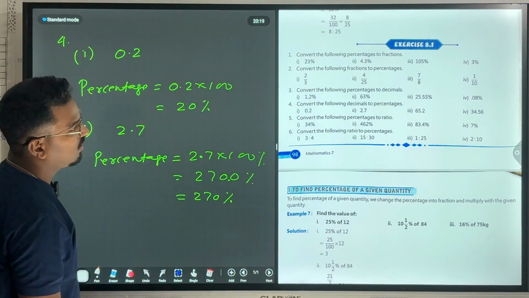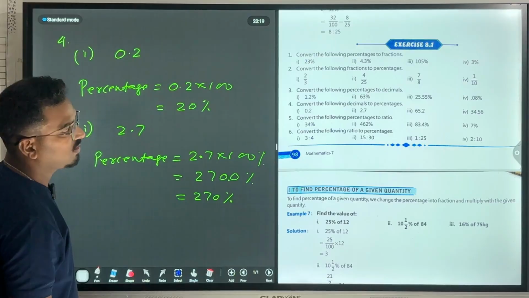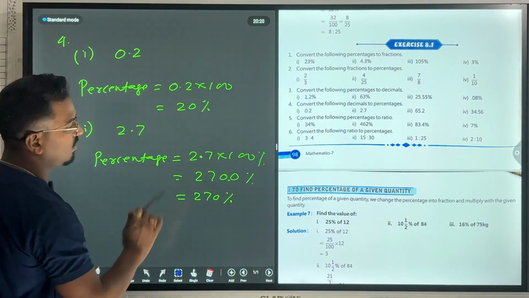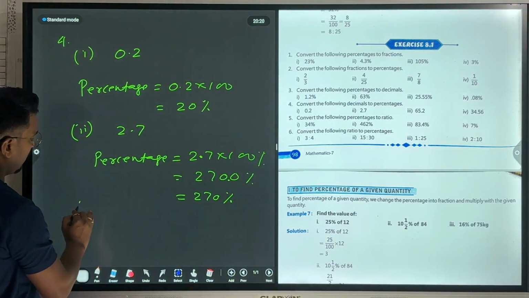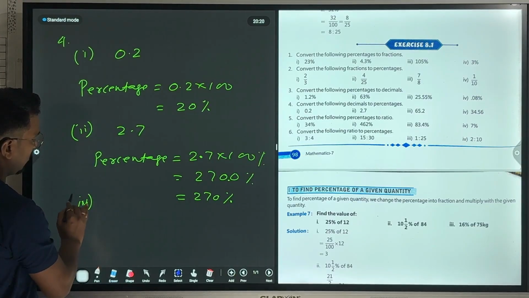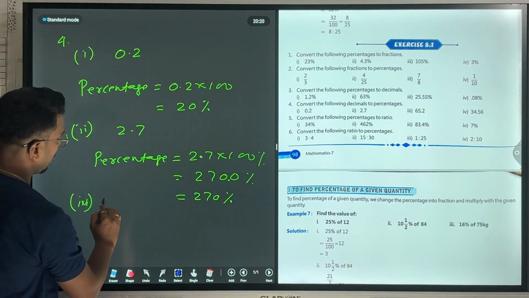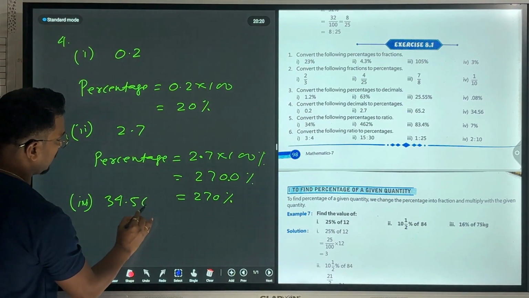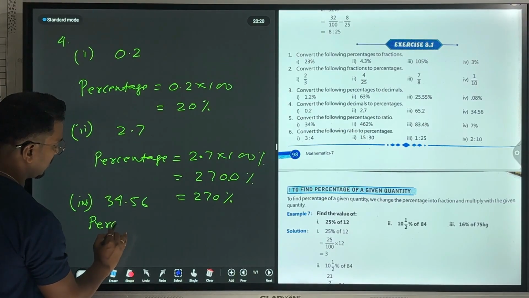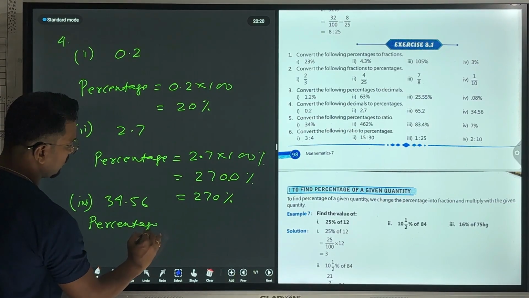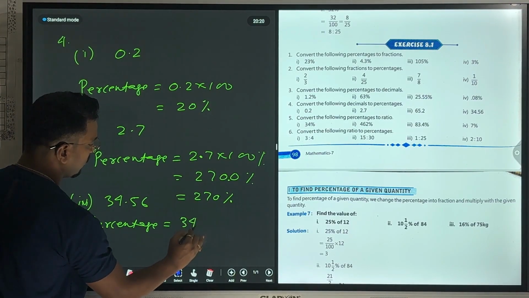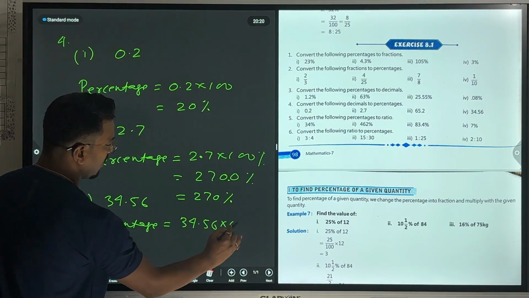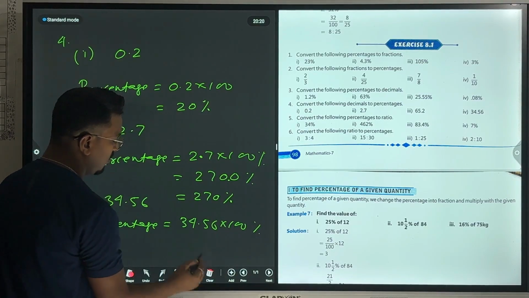Next, question number 3, 65.2. This is simple. That one is also simple. Okay, let me do Roman number 4. 4 is given 34.56. So if you want to convert into percentage, we have to multiply 34.56 with 100. It will be converted into percentage.